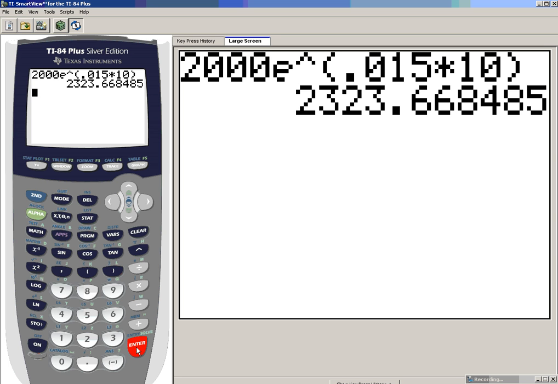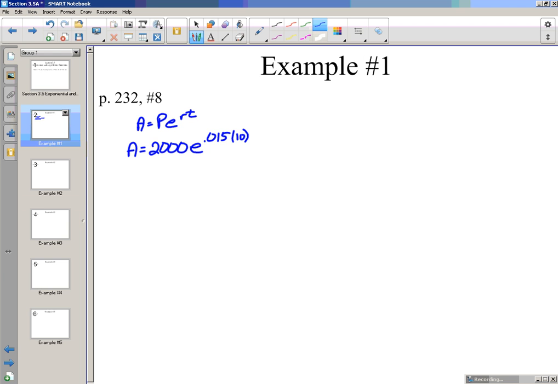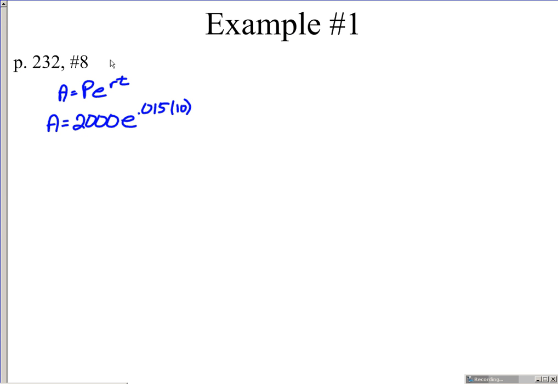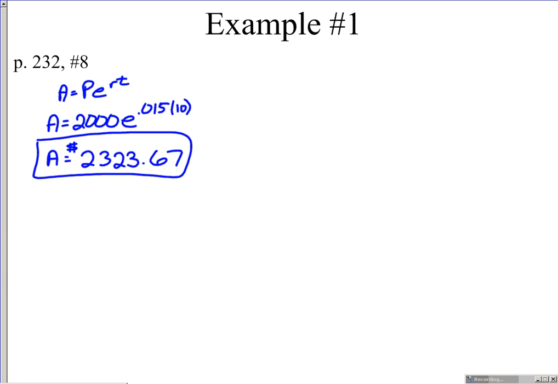There's our dollar amount. Remember, this is dollars, so we should be rounding to two decimal places, so $2,323.67. There's the amount in the account after 10 years.